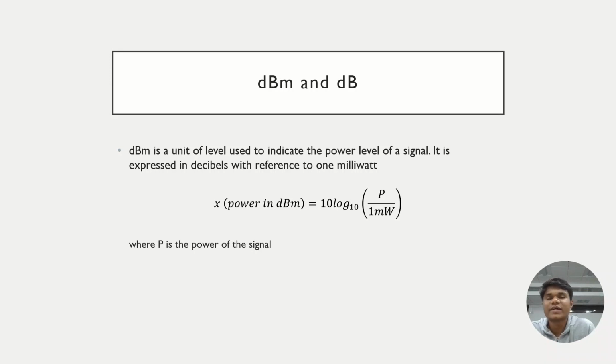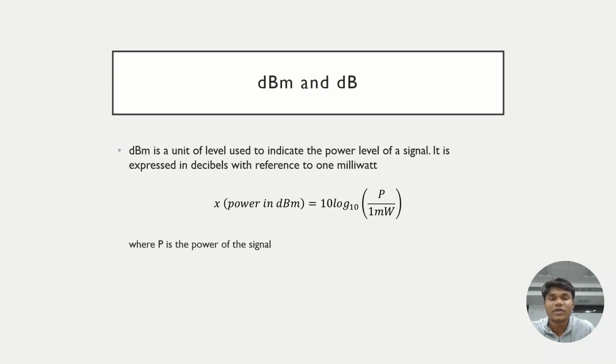Because if we use the regular watt term, then there will be a prefix of order 10 to the power minus 6, minus 7, and that kind of thing. And we don't want that. We want a small whole number. So we use this unit, that is dBm.